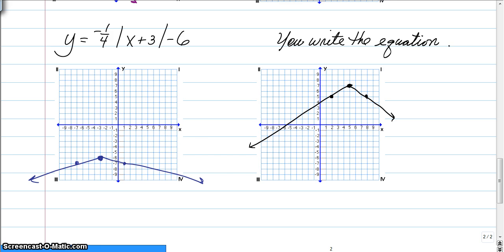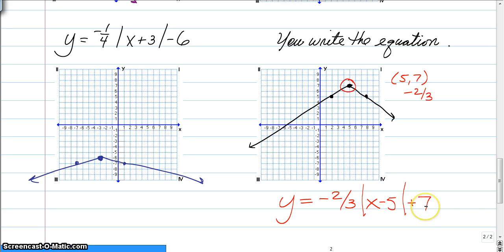The last example, writing the equation, you need your vertex, which you see is 5, 7, and you have your slope of down 2 over 3, which is negative 2/3. So we're going to write the equation as y is equal to, our slope goes outside of the absolute value, so negative 2/3, absolute value of x opposite of the vertex, so x minus 5, and then plus 7.